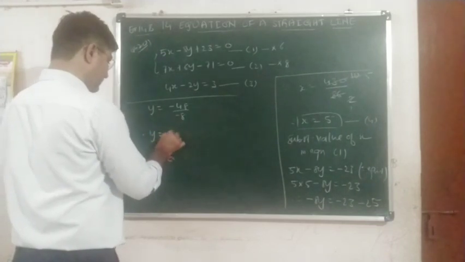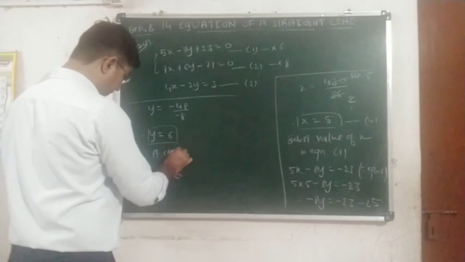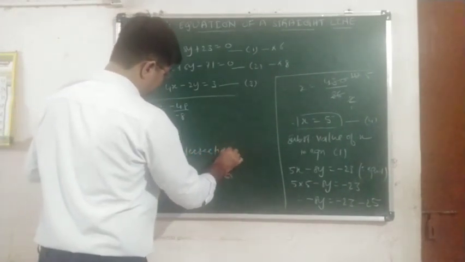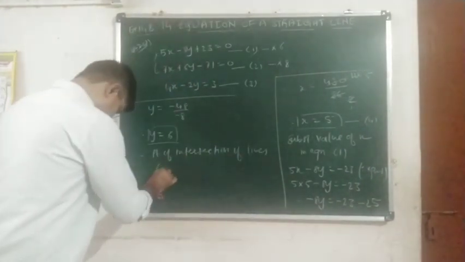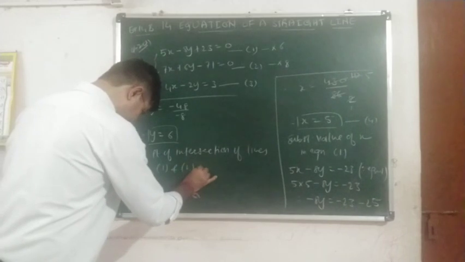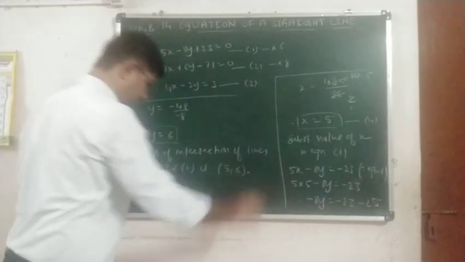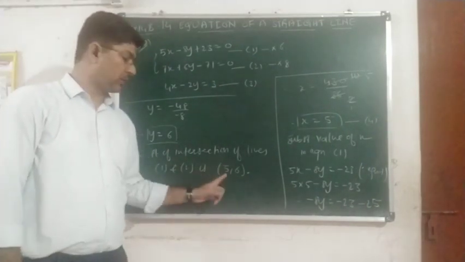Therefore y is equal to 6, and therefore the point of intersection of lines 1 and 2 is 5 comma 6. Okay, now so far it is clear that the required line is passing through the point 5 comma 6.